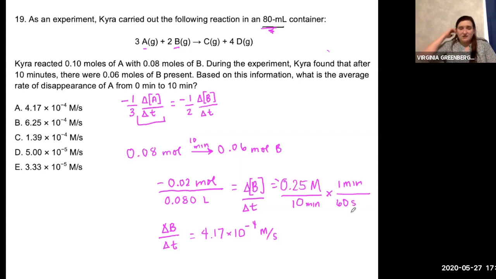But we're not done. All we've done is figure out the rate of change for B. We need the rate of change for A. So this is when we're going to use this equation up here.